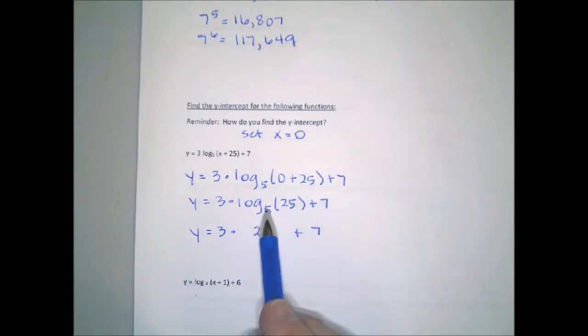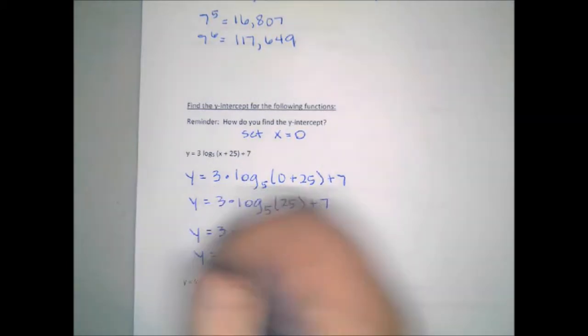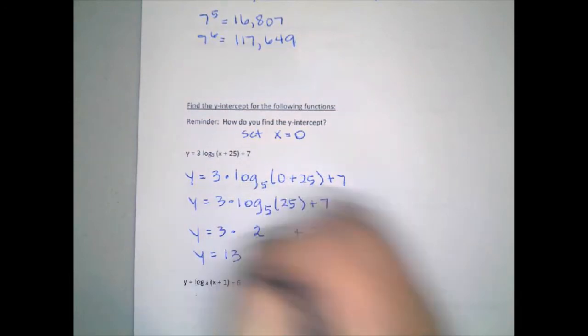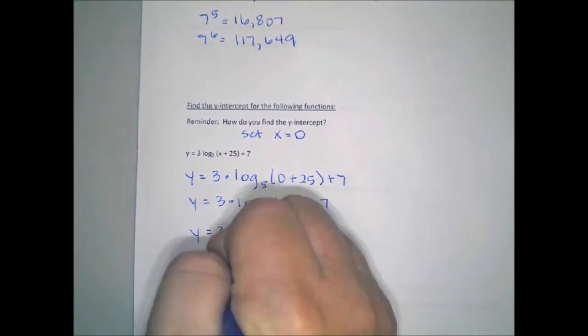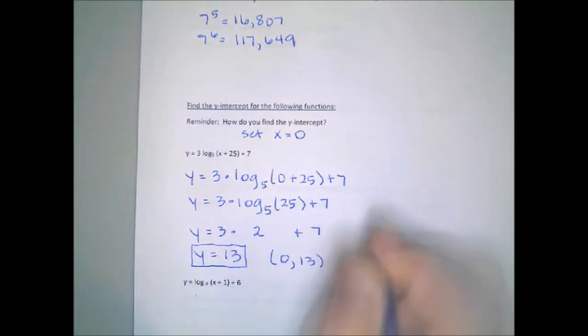So log base 5 of 25 equals 2. So now, y equals 3 times 2 is 6, plus 7 is 13. So there's your y-intercept. When x is 0, y is 13.